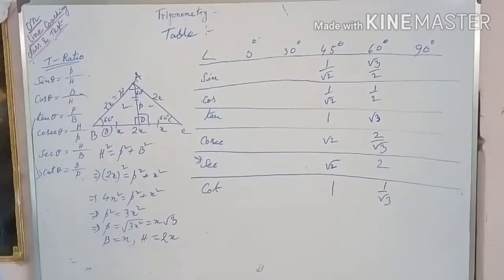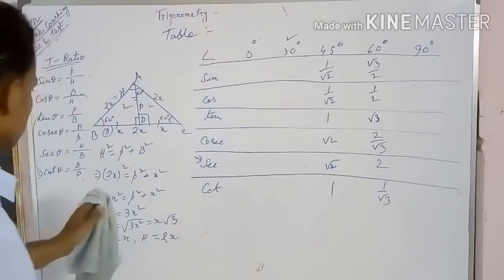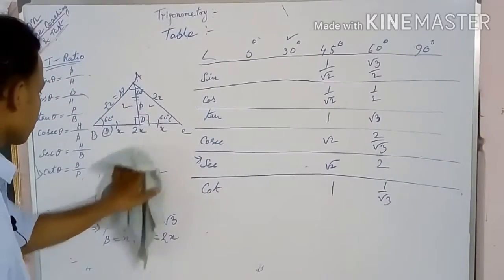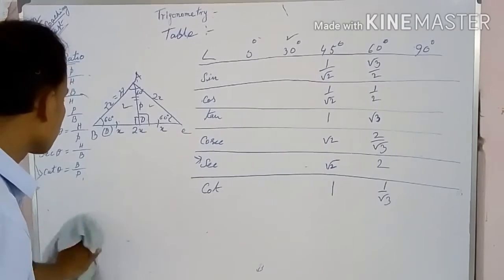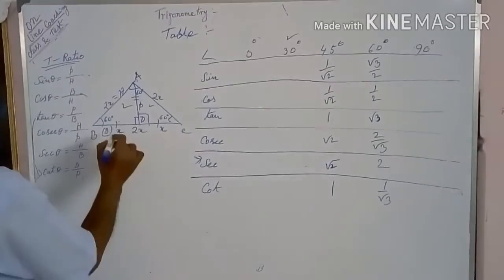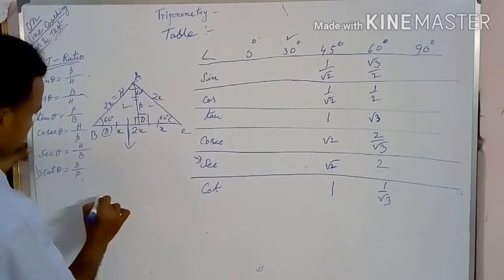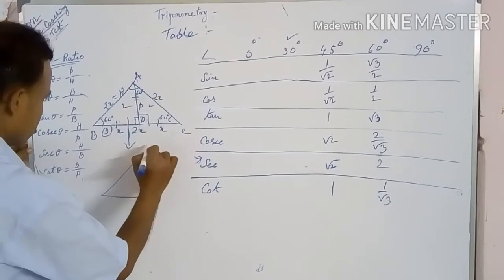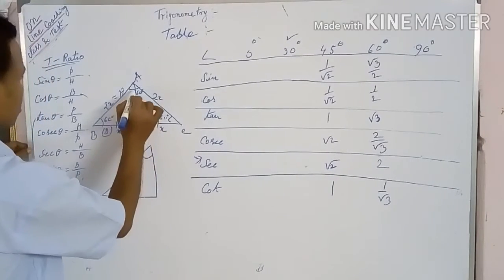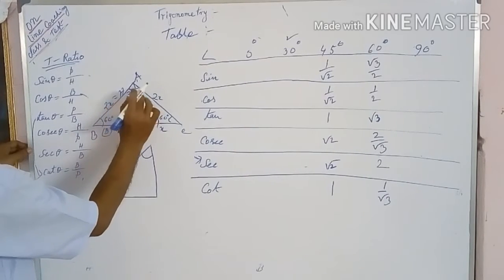Now we find out the values for 30 degree. I will draw this triangle again. These two triangles are congruent, therefore this is your 30 degree, this is also 30 degree.